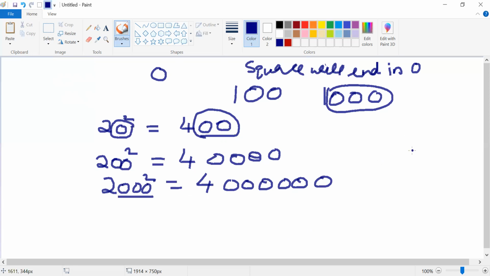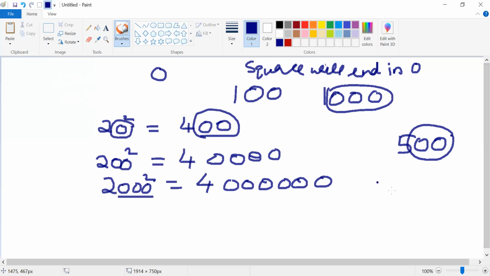So suppose a number 500. I cannot say whether it is a square number or not. It is not possible to say looking at the number. But I can say it may be a square number because it is ending in 0. That doesn't mean all numbers ending in 0 are square numbers. It's not like that.